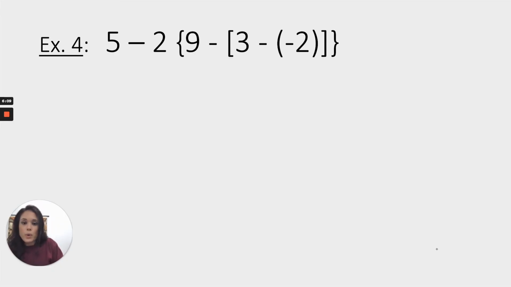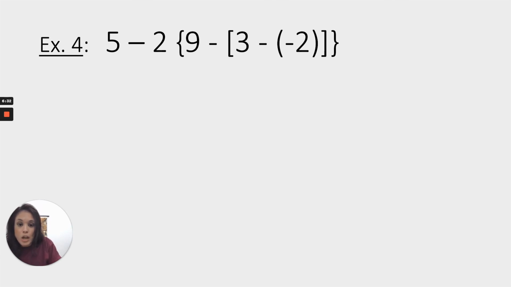So here we have three different symbols. Remember, you evaluate what is in the innermost first. So what I can see first is this 3 minus a negative 2. This is a subtraction problem with different sign numbers.